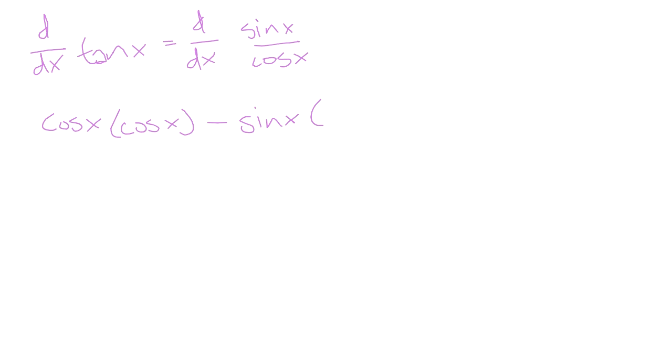The derivative of cosine is negative sine, all over cosine squared of x.